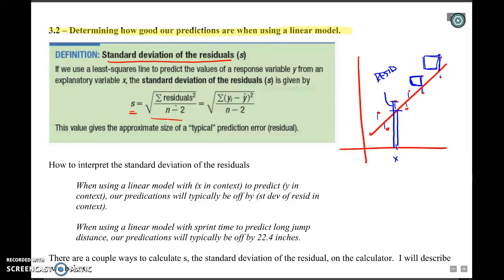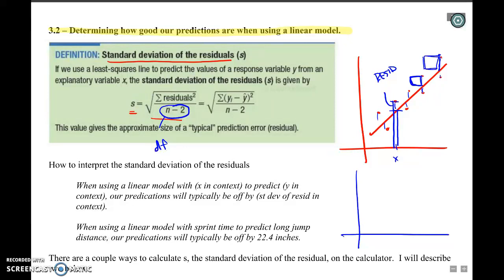So we divide by n minus 2. Now we have another one of these degrees of freedom types of problems. When we did standard deviation, we divided by n minus 1. The reason we're dividing by n minus 2, the easy answer is it's beyond the scope of this course. But we only have n minus 2 degrees of freedom. Basically, 2 points determine the actual line.